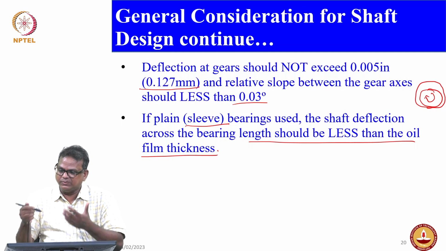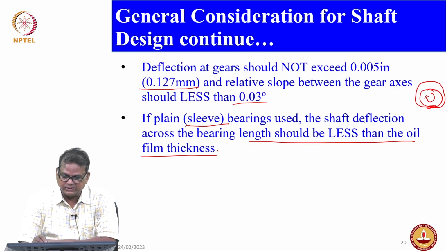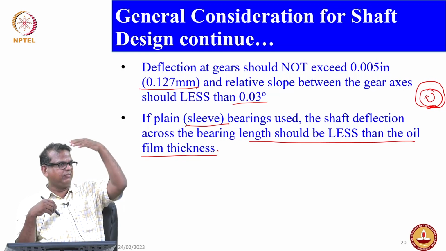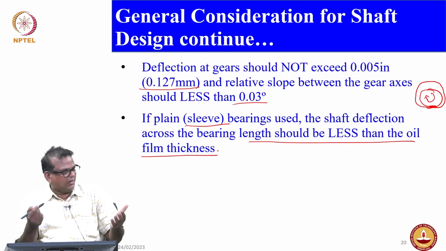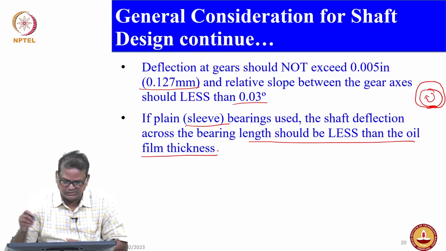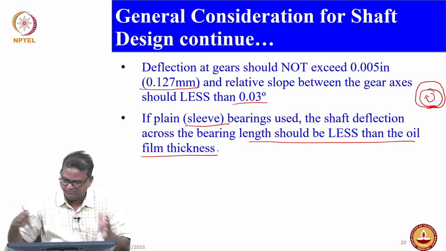So, you will have an oil film, and the shaft deflection across the bearing should be less than the oil film thickness. If the deflection is more than the oil film, what happens? You would not have a hydrodynamic effect. So, that is the information you have to pay attention to when part of the shaft is used as a journal bearing.